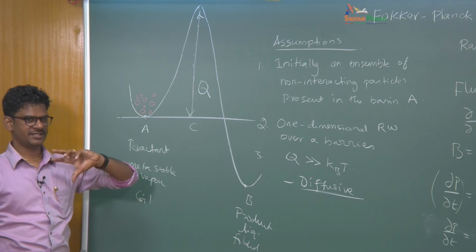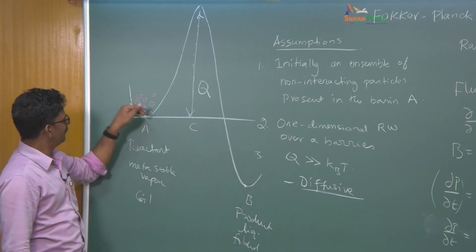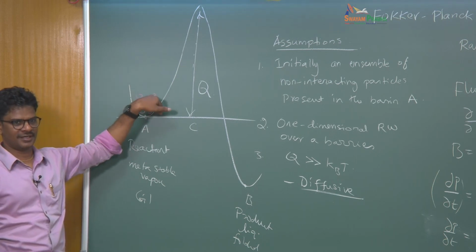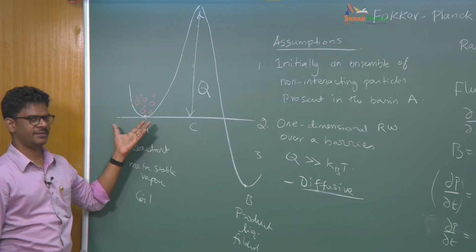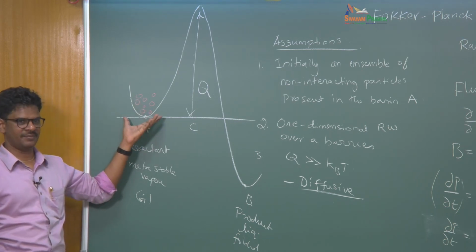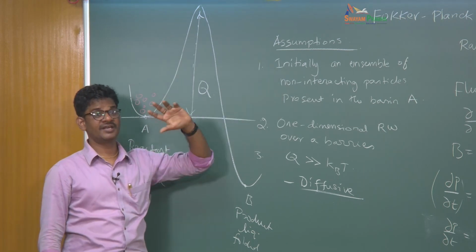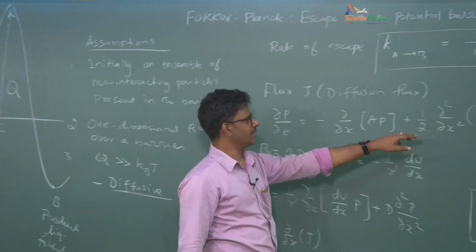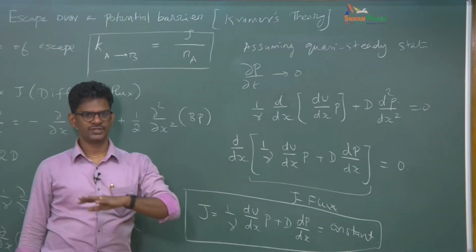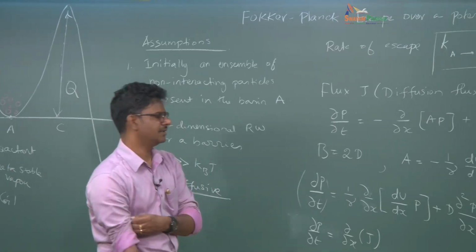So if you want to make an assumption of a quasi-steady state where we can analytically track this problem, we'll have to replenish this loss of particles whenever there is a transition. So at every time the number of particles in the reservoir is the same, so we can expect that the flux of particles going through this barrier will remain quasi constant. So that's the assumption that I'm making here, where then the probability distribution function will become independent of time. Okay, so that's the assumption that we are making.